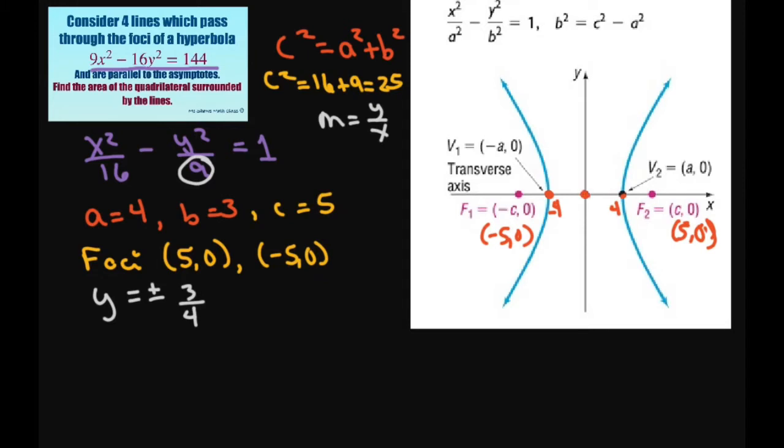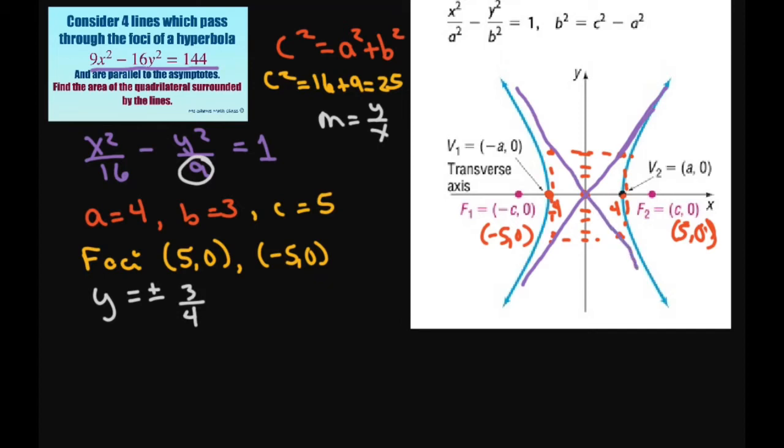So you're going up 3 and over 4. Draw a little box, go down 3 for the negative. So there you go. And then here's your asymptotes. It shouldn't cross over here, so it should go like that. It's hard to draw on this.